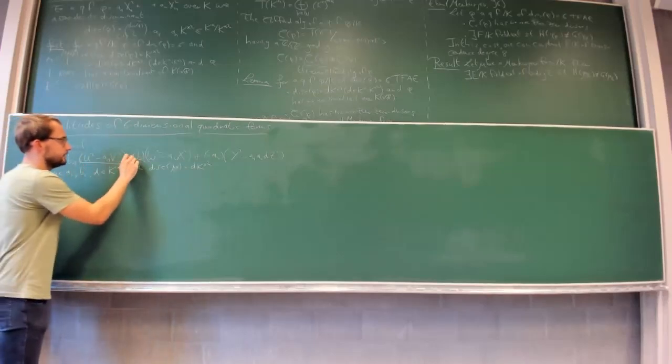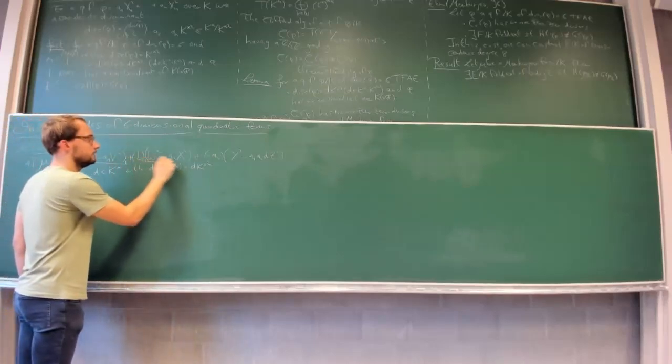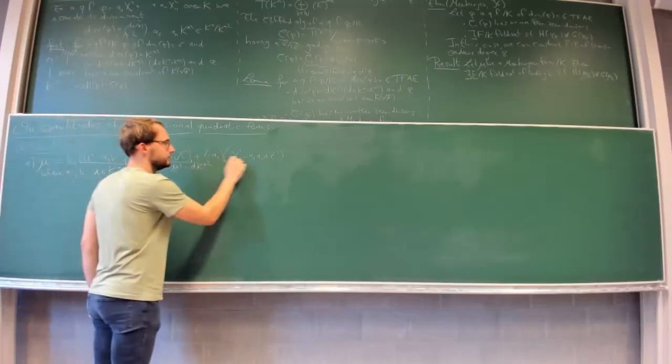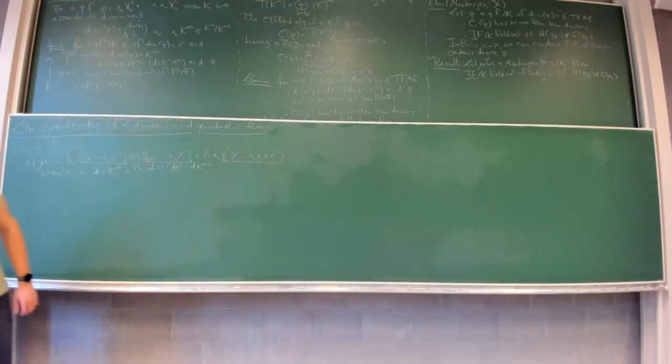And this is now useful because by the next step, it will turn out that in fact these parts, not this one, are the ones which actually matter. This is for the following reason.